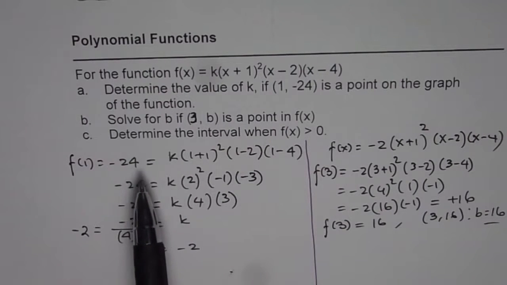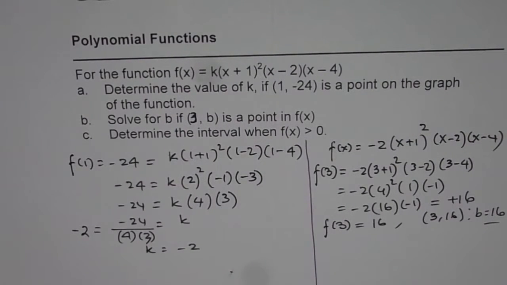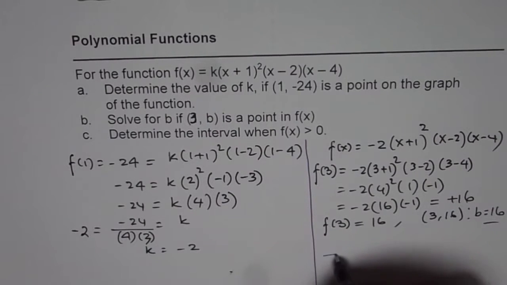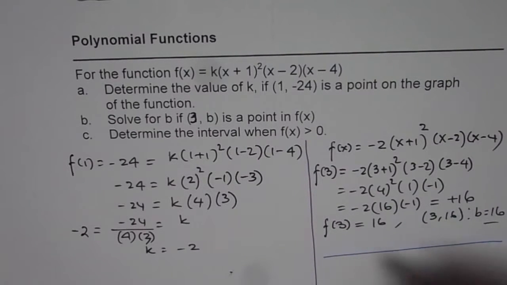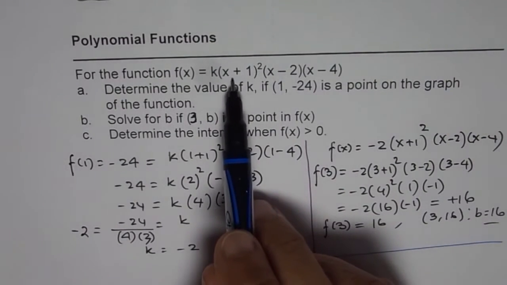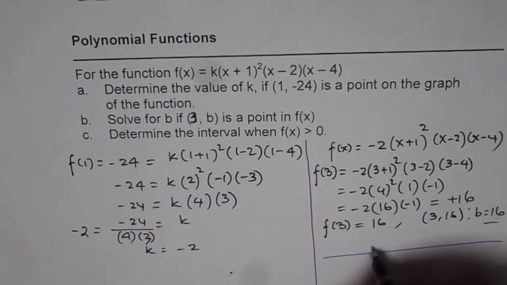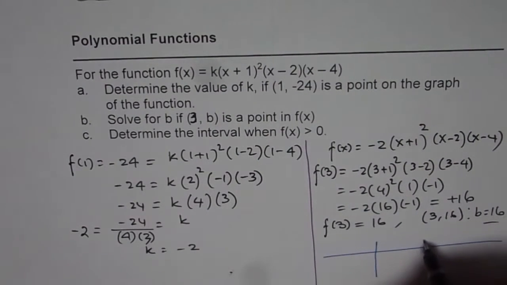Now the last question is, determine the interval when f of x is greater than 0. For this, you can either sketch your graph, or you can make intervals and then find out within these intervals when the function is positive and when it is negative. We know that there are zeros at minus 1, plus 2, and at plus 4.